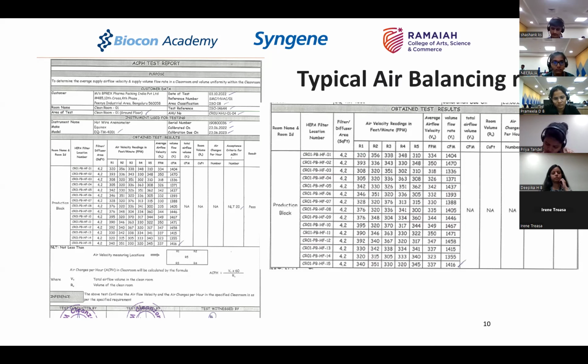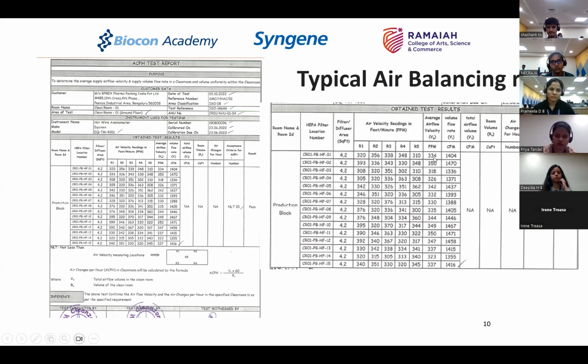So that gives an indication for the HVAC engineer or service engineer to go and check above the false ceiling what exactly the issue is, and they will do the required maintenance for that particular filter module. Once they get all these average values, that will be converted into airflow.